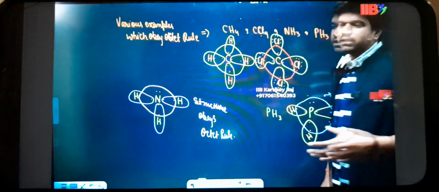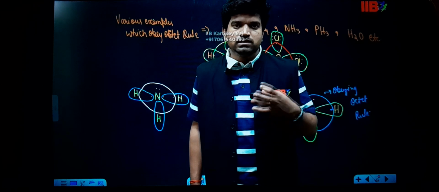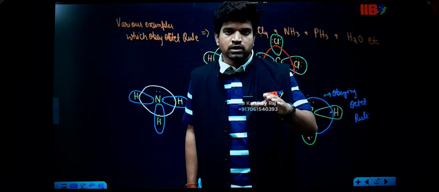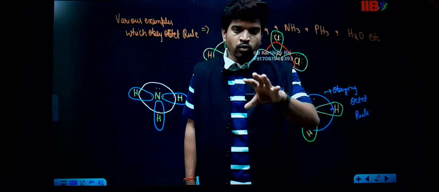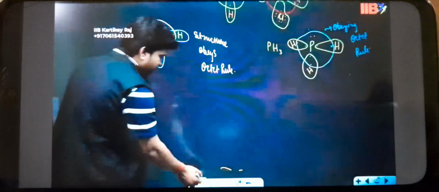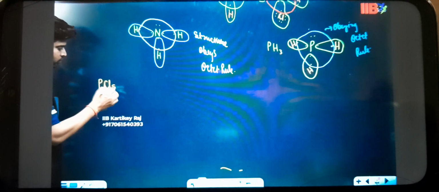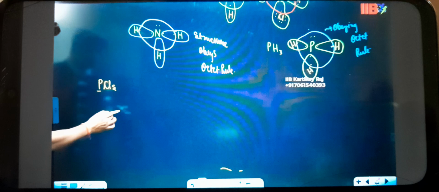So in examination, how do the questions arise? Questions arise in this way: which of the following structures is obeying, which of the following options is obeying the octet rule. For example, if you take PCl5, again the central atom is the phosphorus.